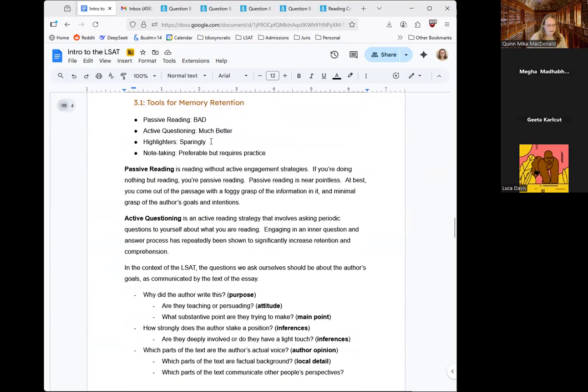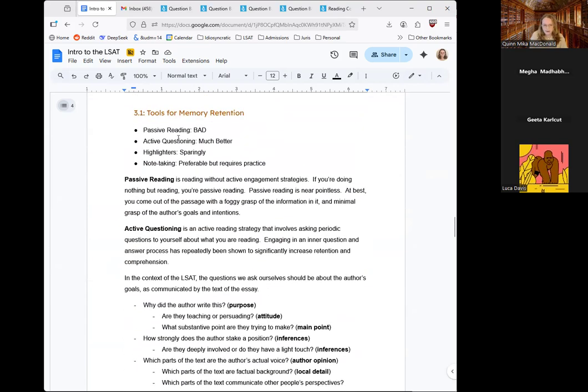Let's keep going. So let's talk about a few ideas, and here we're going to talk about highlighters a lot. Number one, a lot of students engage in passive reading. And if you're doing nothing but reading a text, no plan, no intent behind what you're doing, no method, then you're passive reading.